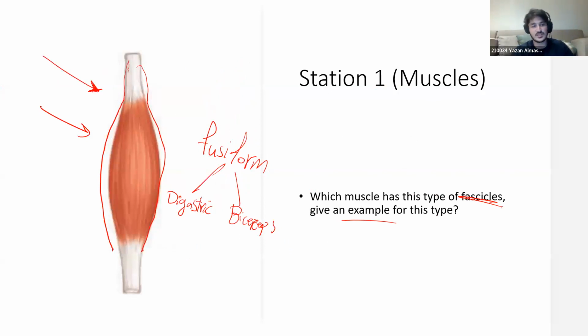But it has two heads. This is probably why you were confused, and that's completely fine. The bicep is not bipinnate. It's a fusiform muscle. Unless they taught you otherwise. If someone taught you otherwise, let me know, because that's what I remember and that's what I studied. Bicep is fusiform. It's not bipinnate.